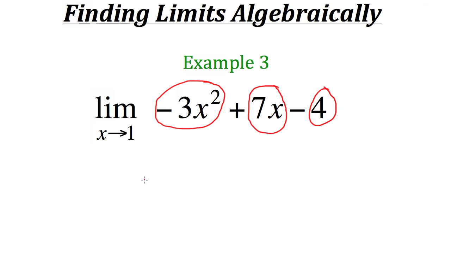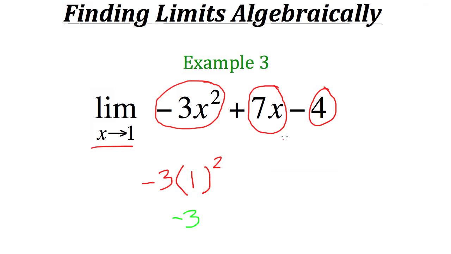So we have -3x squared, and we want to find that limit as x approaches 1. So all we need to do is plug in that x value we're approaching. And when we do that, we have 1 squared, which is 1, and then times -3, which gives us a value of -3.